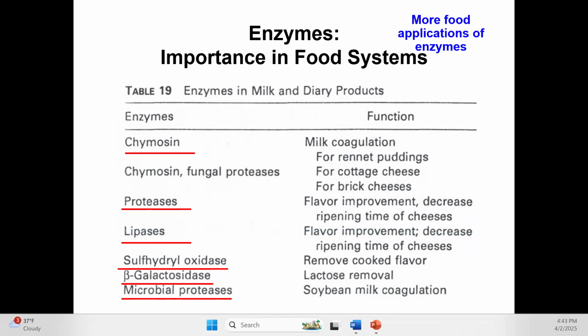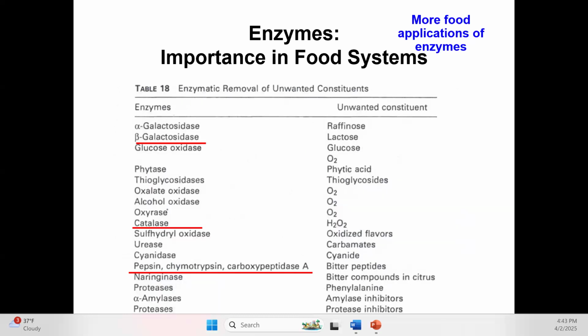I don't know why. But removal of unwanted constituents is basically specifically targeting constituents that you don't want, like lactose, peroxide, or removing bitter peptides.